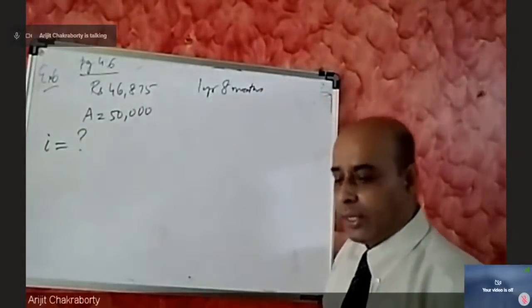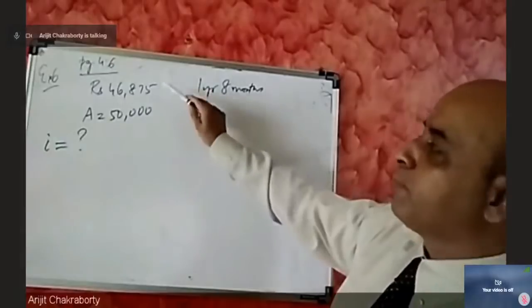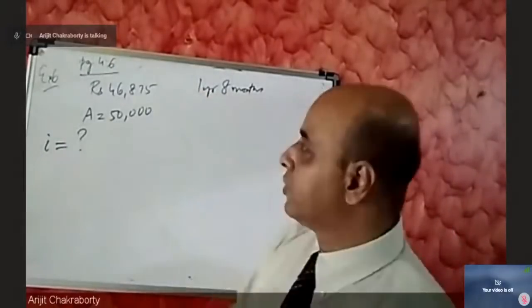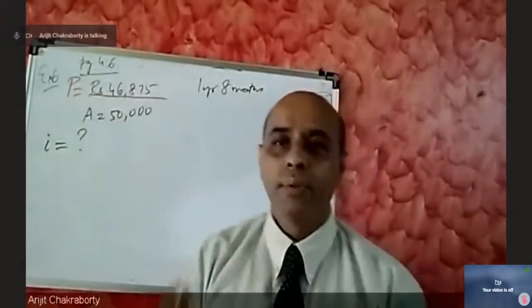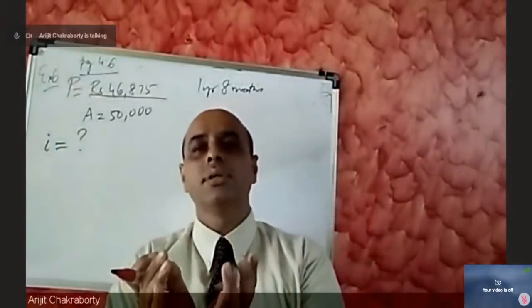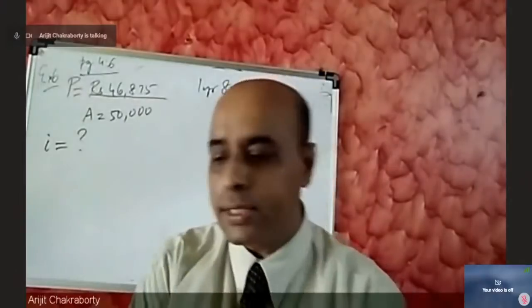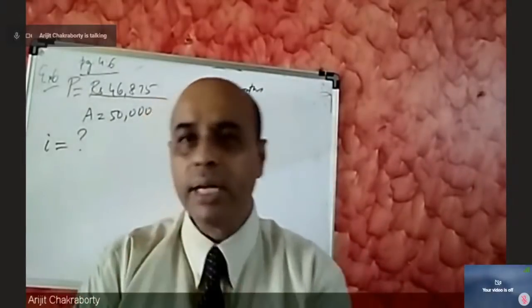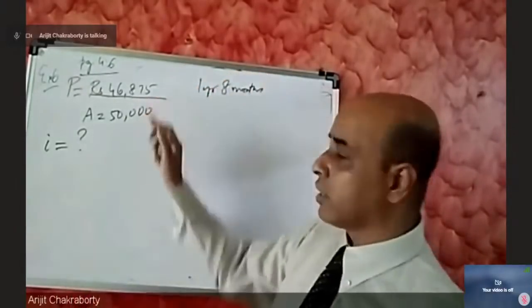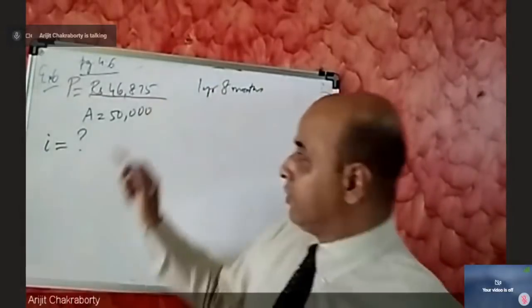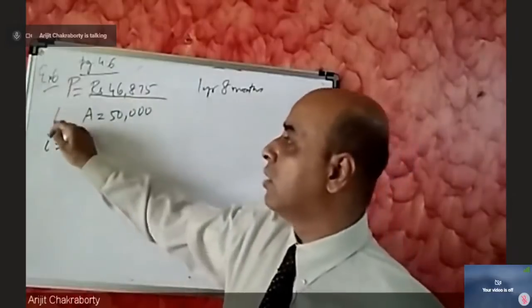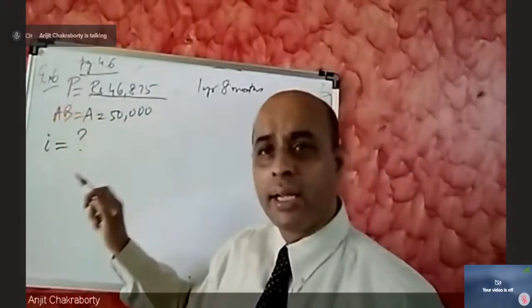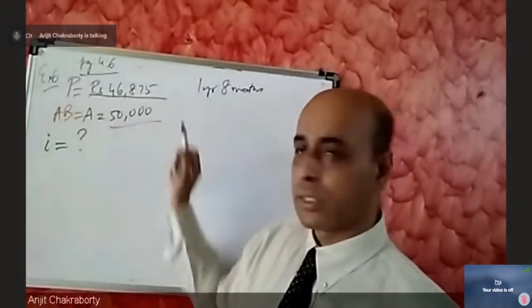Now, please see that this 46,875 is the principal, the money which was lent out or invested. The amount after interest is added, the accumulated balance or amount, is 50,000.